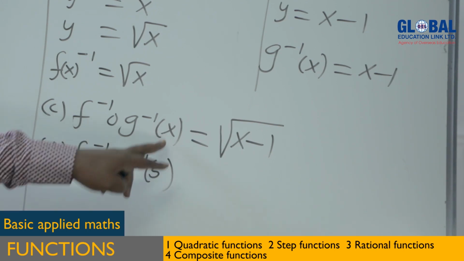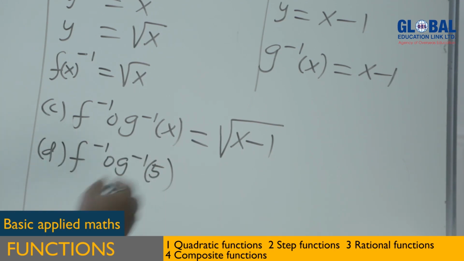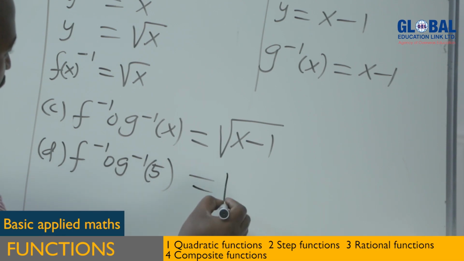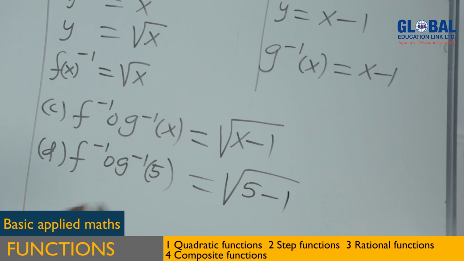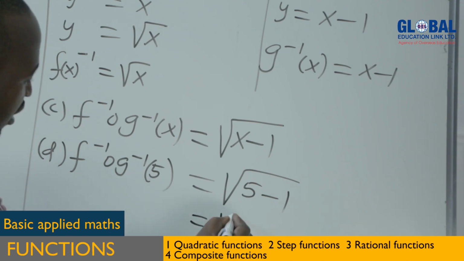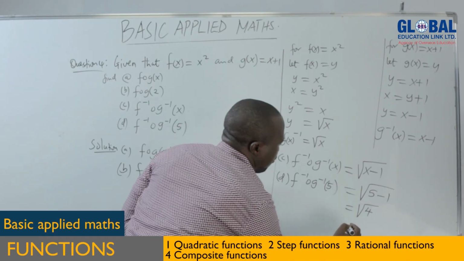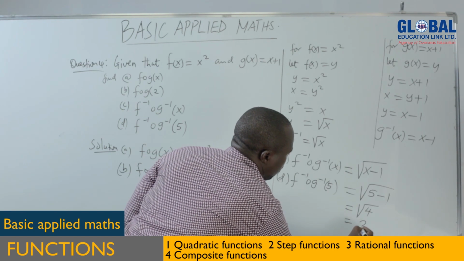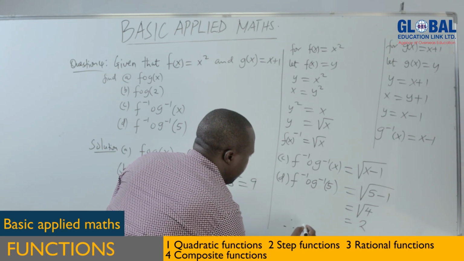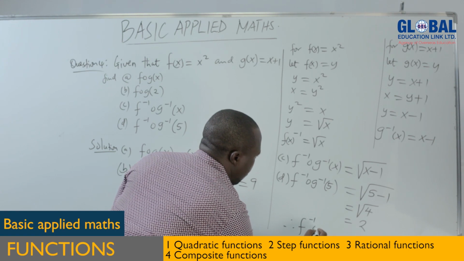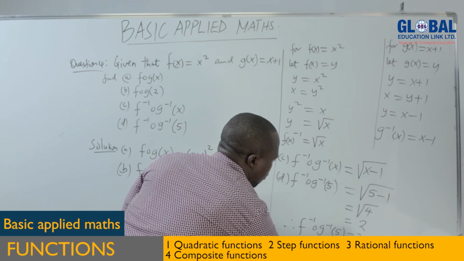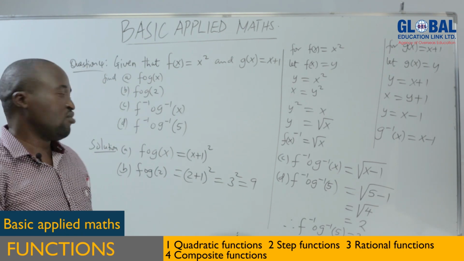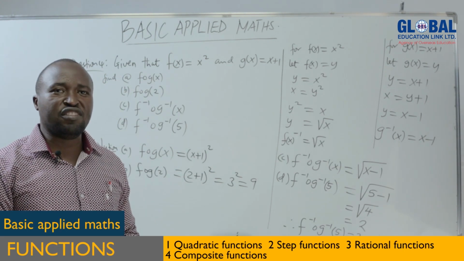If x is equal to 5, this is equal to square root of 5 minus 1, which is equal to square root of 4, which is equal to 2. Therefore, f inverse of g inverse of 5 is equal to 2. Now, my dear student, this is what we call the composite function.